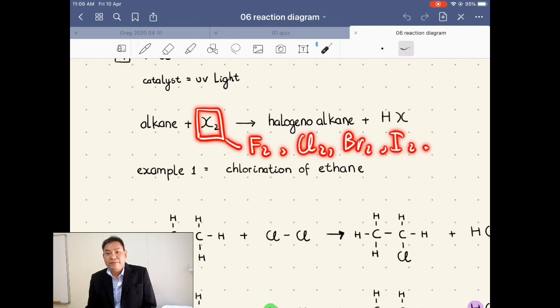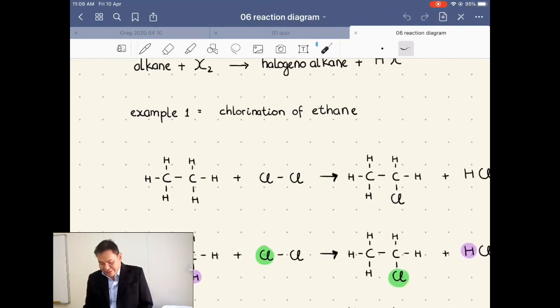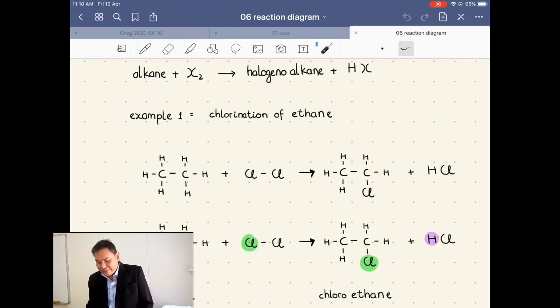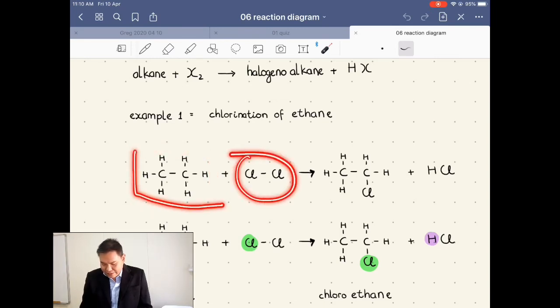It can be At2, but At2 is not in syllabus. It's radioactive, right? So we seldom discuss that one. Example 1, chlorination of ethane. That means ethane, you add chlorine. Yeah? That's how you do it.